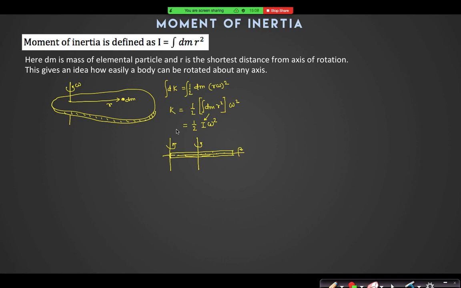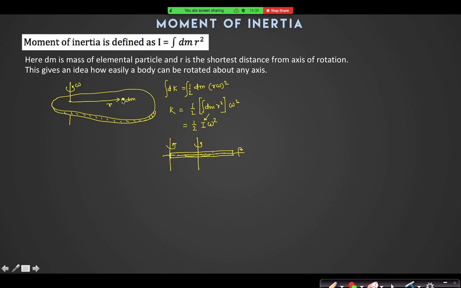And this is the formula. I can use this formula to calculate the moment of inertia, right? Yes. So that means the less the radius, the less will be the moment of inertia, and therefore the less the kinetic energy. Yes, definitely. But what radius do I mean? The radius is not the same for every particle, right?